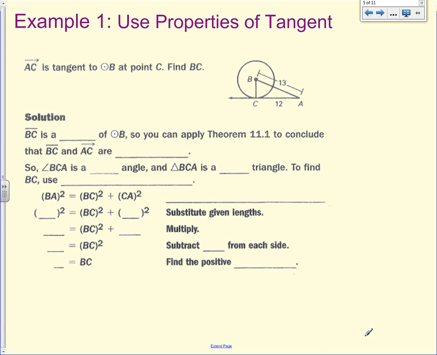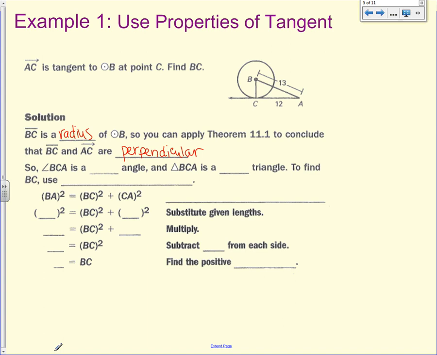Sorry, guys. So let's take a look at example 1. We want to use the properties of tangents. So we know BC is a radius of circle B. So we can imply that BC and AC are perpendicular because they tell us already that AC is tangent.